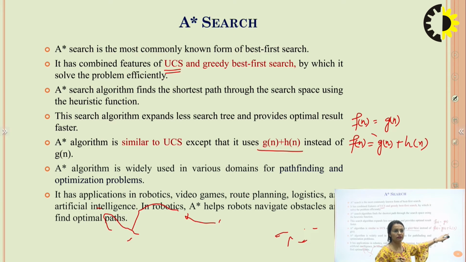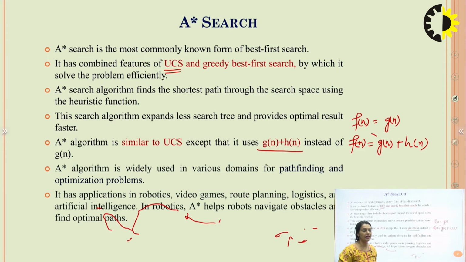You are taking both factors simultaneously, that is the Gn and Hn values. This algorithm is widely used in various domains for pathfinding and optimization problems, and the various applications are in robotics, video games, route planning, and logistics.